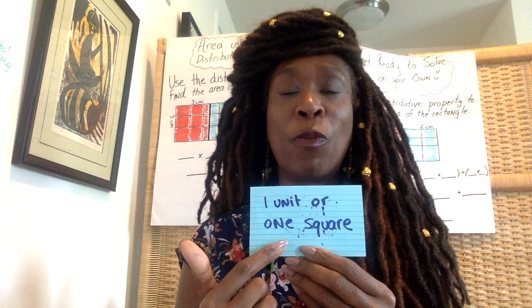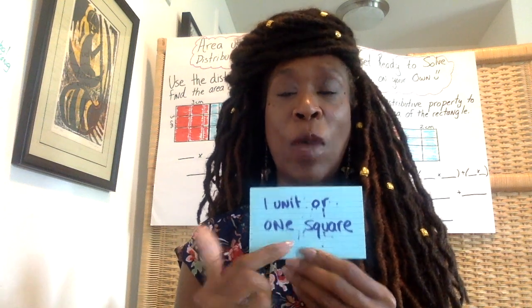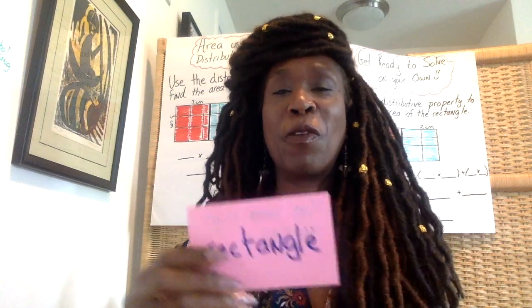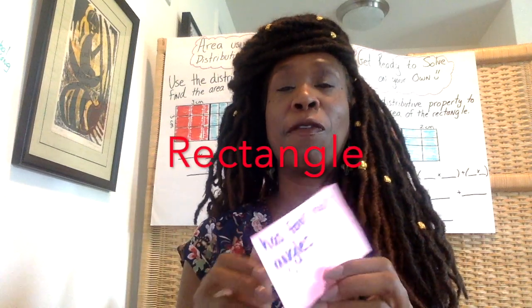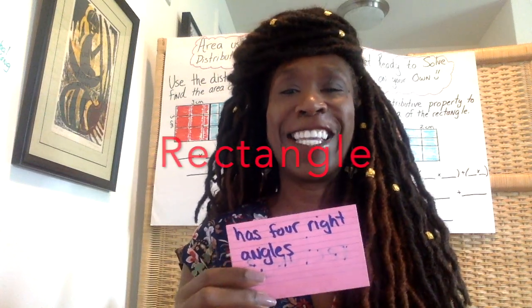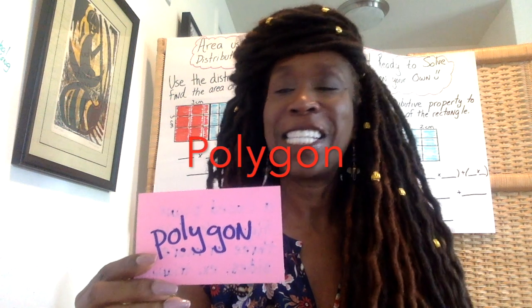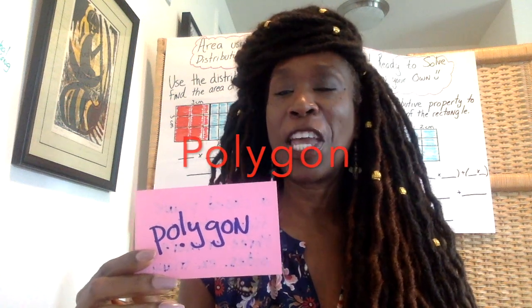Once again, they both mean the same thing. 1 square or 1 unit. Our rectangle, it has 4 right angles. We have our shape, a polygon, which is a closed plane figure having 3 or more sides.